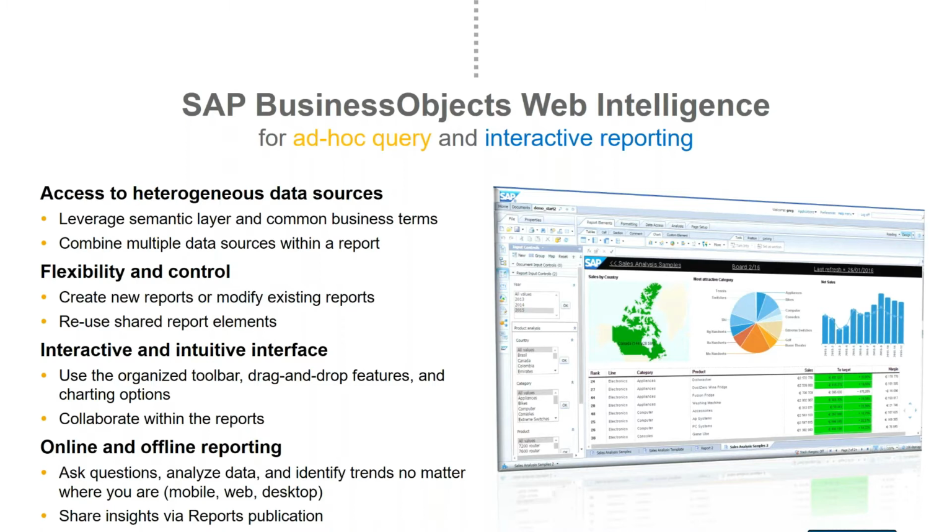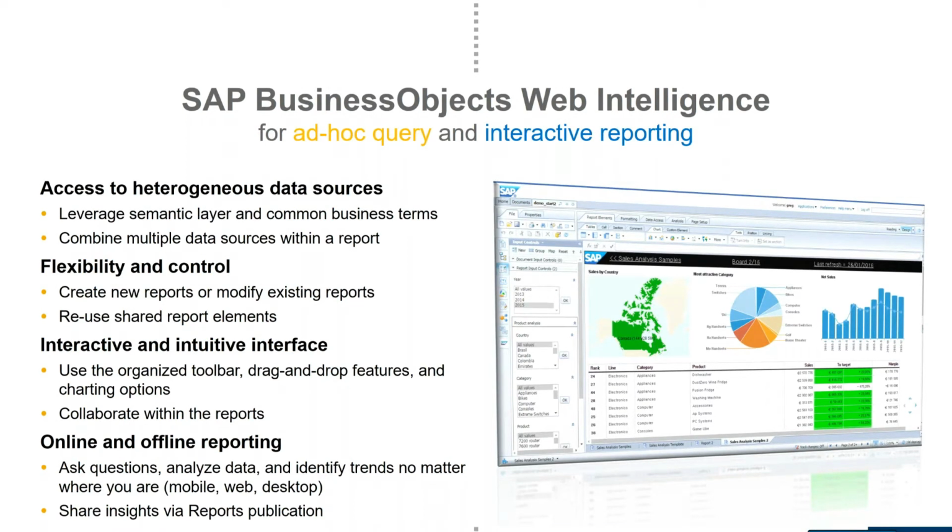And last but not least, Web Intelligence works connected, which we call online, and of course disconnected, offline. Imagine that you share a Webby document: you can take the report and continue to work on it, analyze it, being completely disconnected wherever you are. Moreover, every Webby document can be mobilized on your favorite device, iPad, iPhone, Android phone, whatever. So it works.